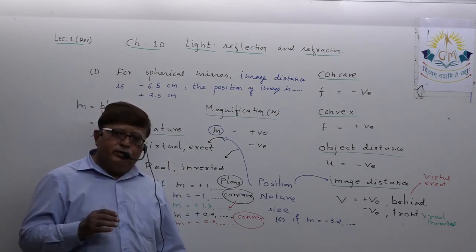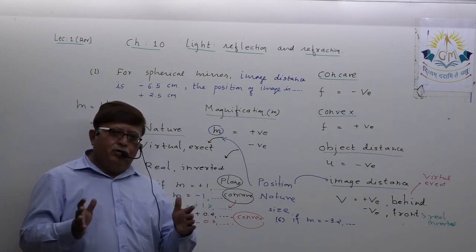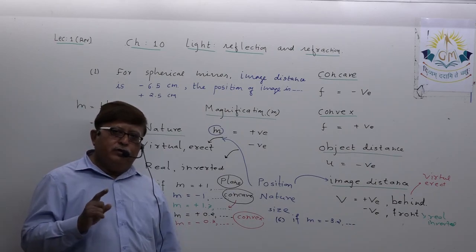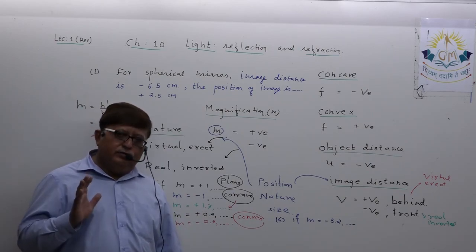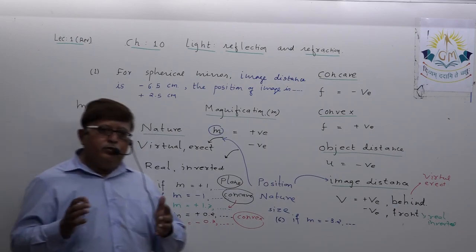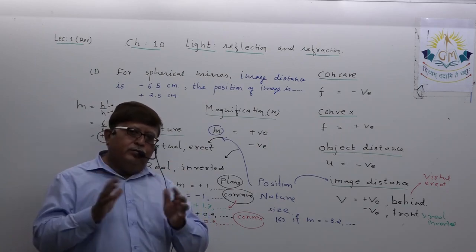For convex mirror, forget infinity. Just remember, when the object is nearer, you will get its virtual erect and smaller image. So these are some of the important, basic points that need to revolve in your mind.